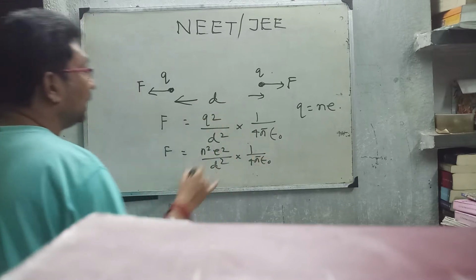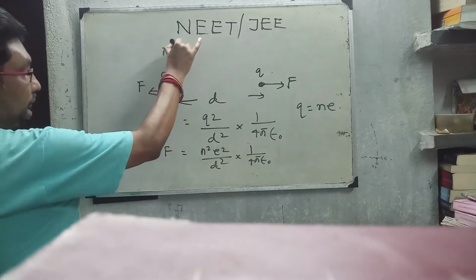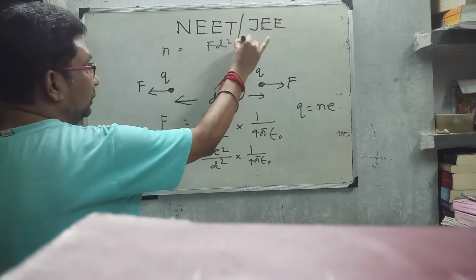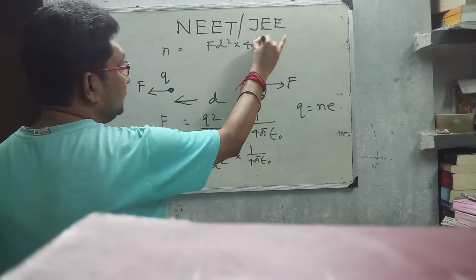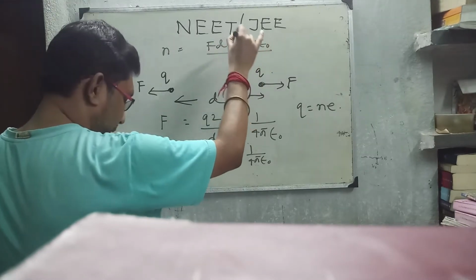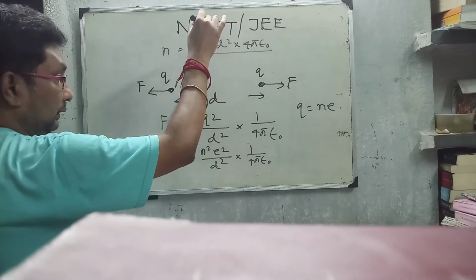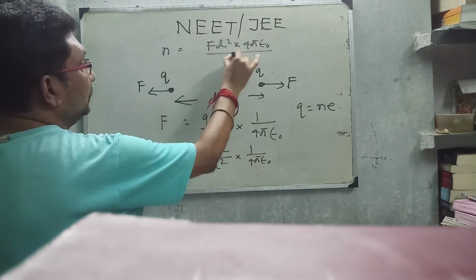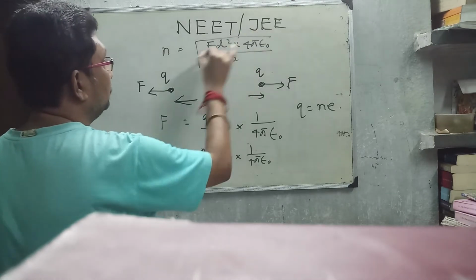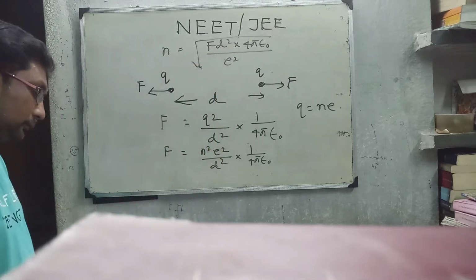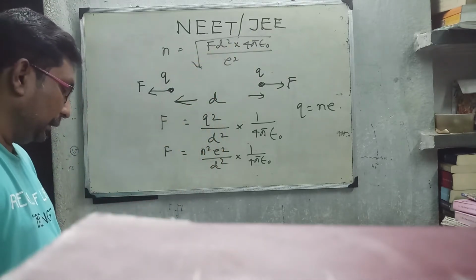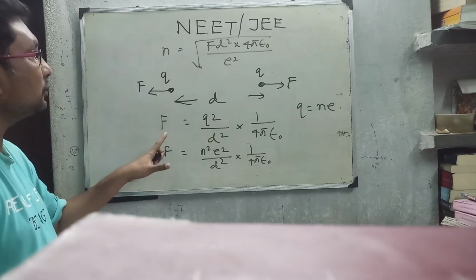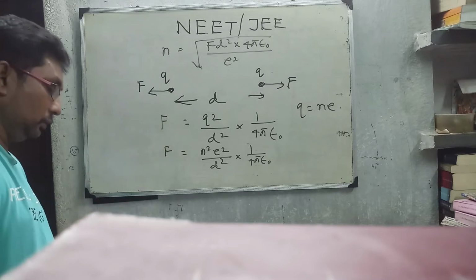Calculate n from here. n equals F d square into 4 pi epsilon 0 by e square, the whole under a root. That is, the root of 4 pi epsilon 0 F d square by e square.